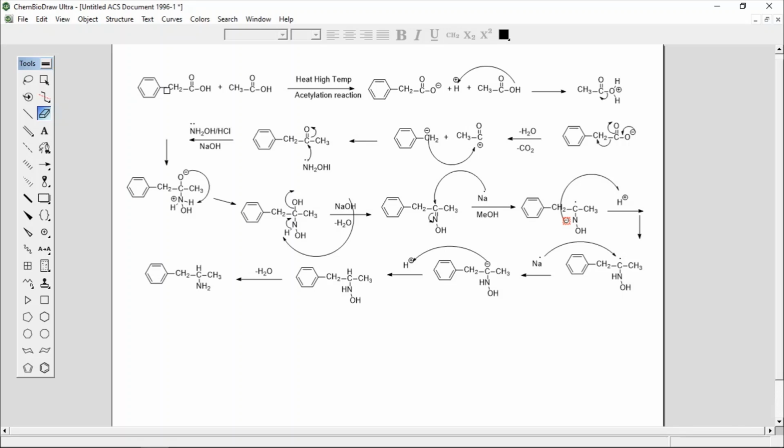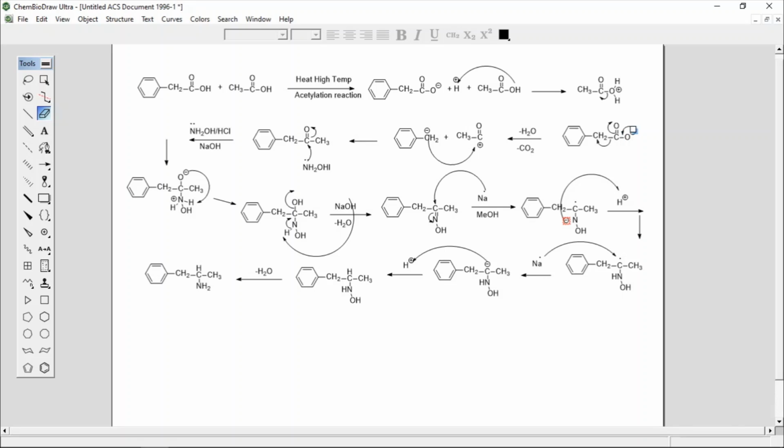So this phenylacetic acid undergoes dissociation into phenyl acetate and H plus. Then this second acid, acetic acid, takes this proton and converts to its protonated form. So this is its protonated form. And the next step is this phenyl acetate undergoes a decarboxylation reaction.